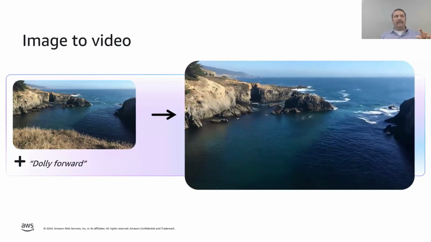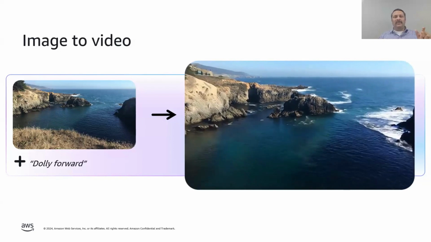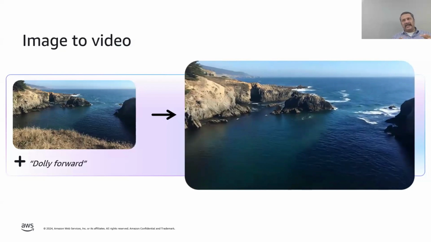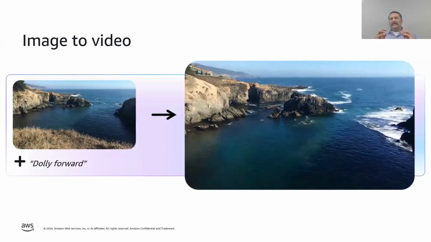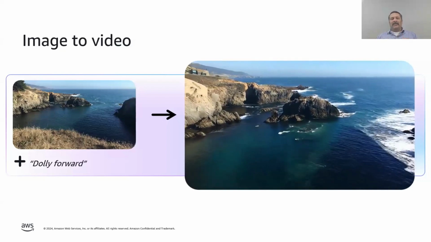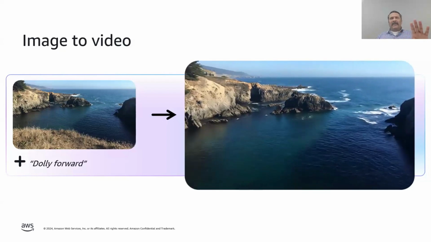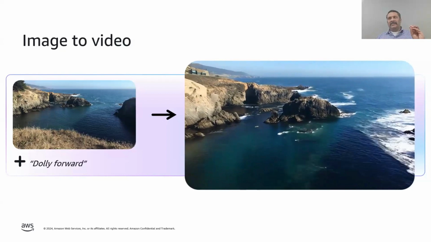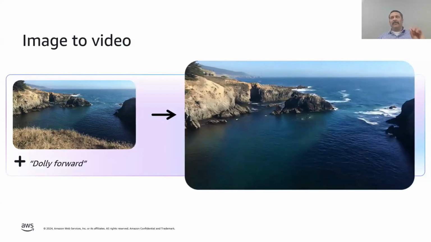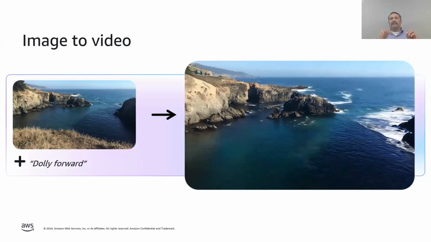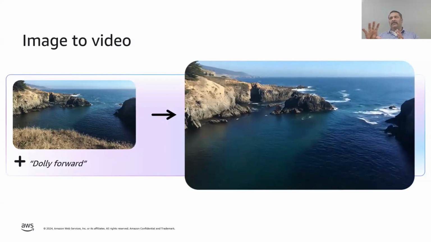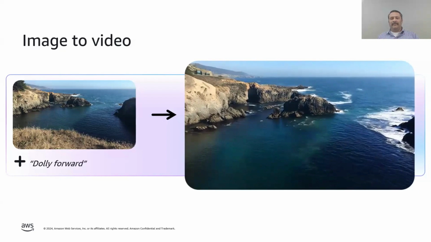The image and the prompt are used as additional input, instructing the model on the desired camera movement. So it is taking the existing image and the additional input prompt and applying the camera technique to produce the video with motion.